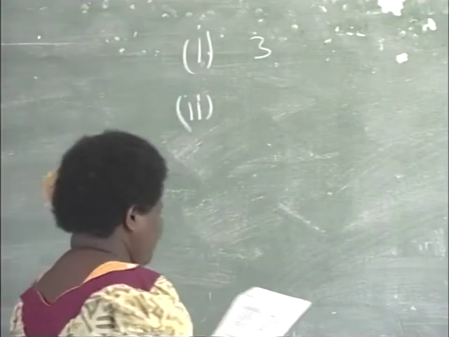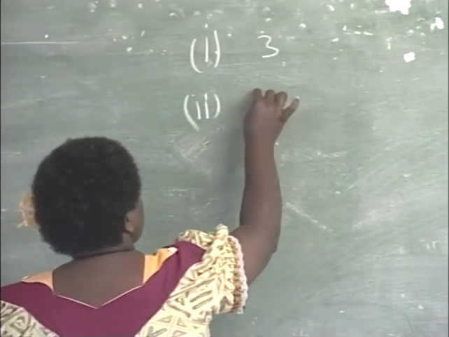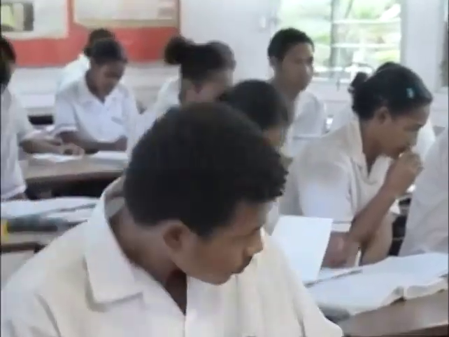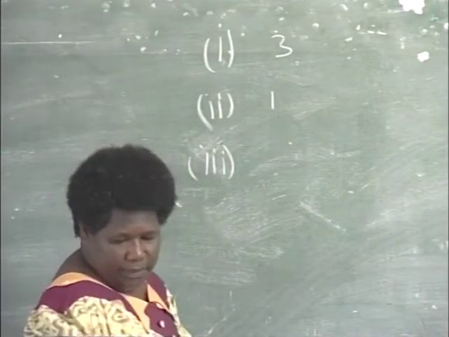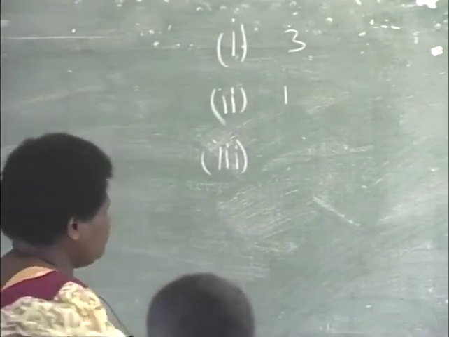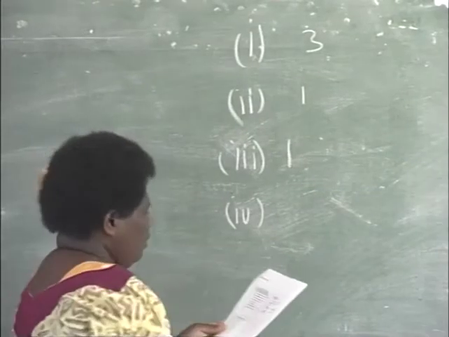Three. What? Three. Speak loud. Kyle, number 2. 1. Number 3, Kiapin. 1. 4.